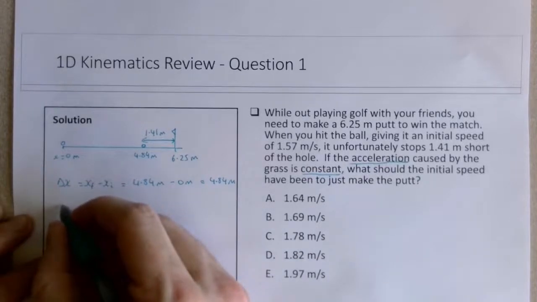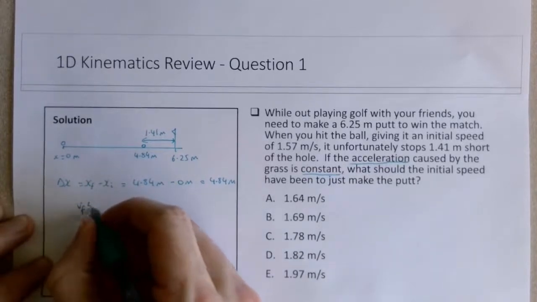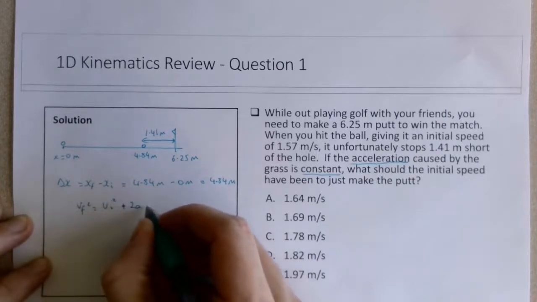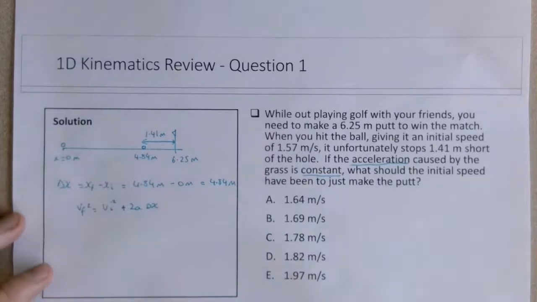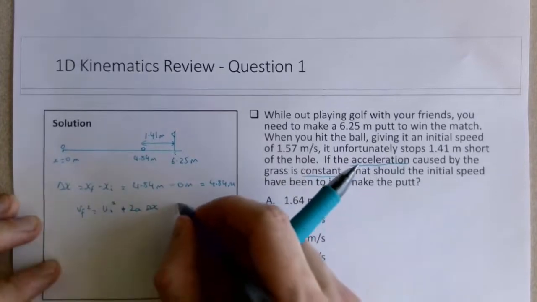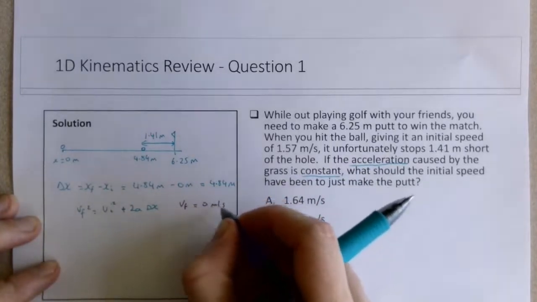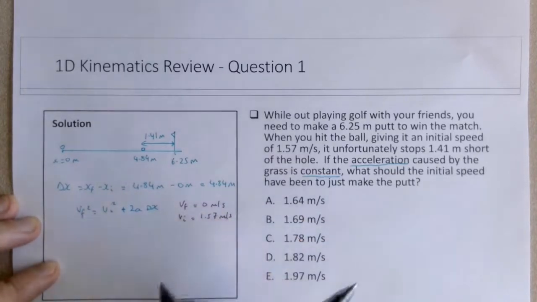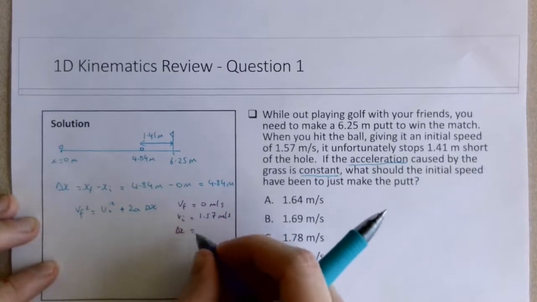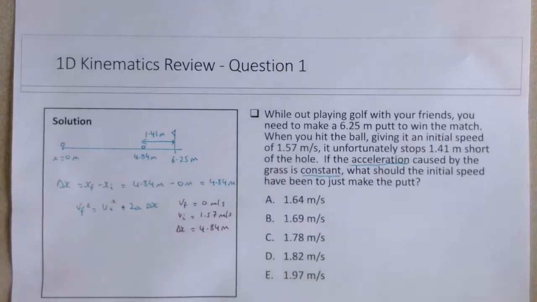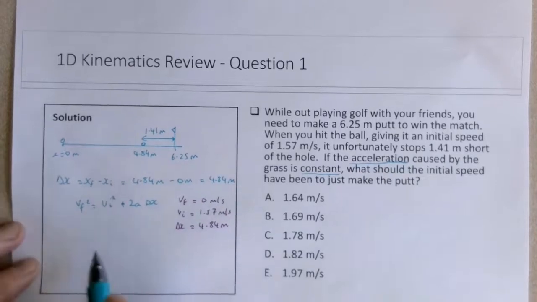So I know that v f squared equals v i squared plus 2a delta x. In this situation, I know that when the ball travels 4.84 meters, v f is 0, as it comes to rest. It's given an initial speed of 1.57 meters per second, and delta x in this case, when it does come to rest, is 4.84 meters. So we can try to solve for the acceleration.